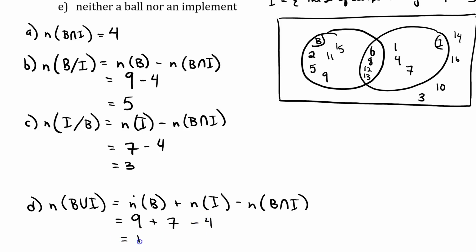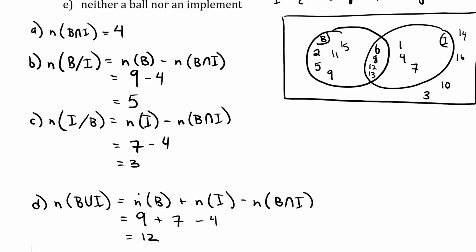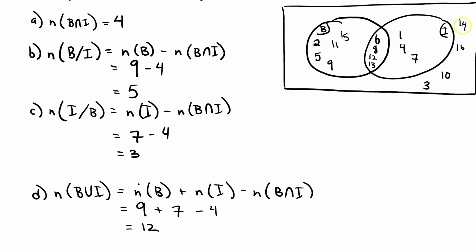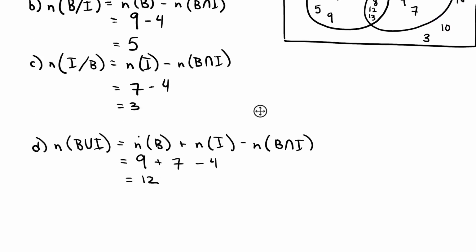So we get 12. Now the final question is finding the number of sports with neither a ball nor an implement. That means we're looking for the sports that are on the outside of the union. So what we need to do is essentially take all of the sports available to us and subtract what's in the union, and what's left over will be our complement. So this is how we denote it.